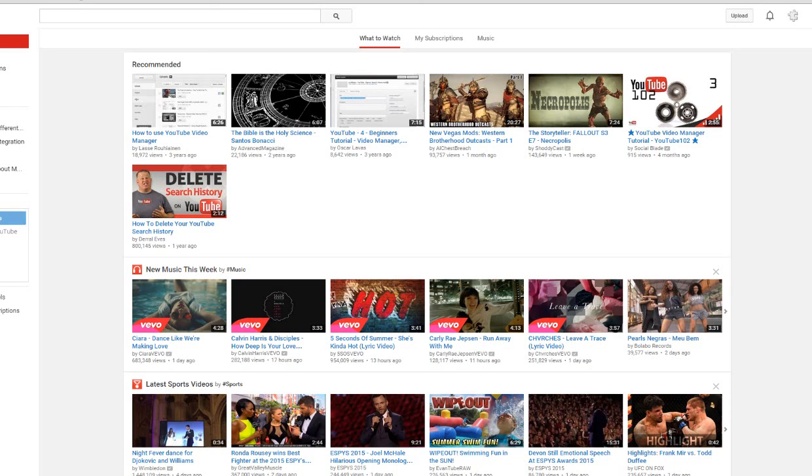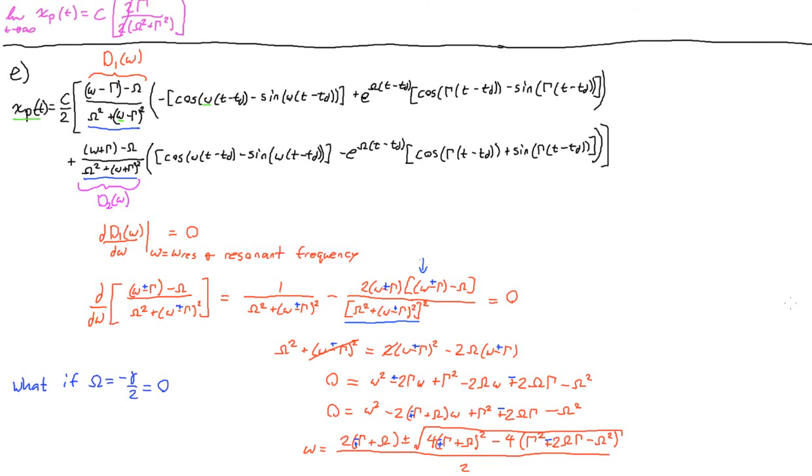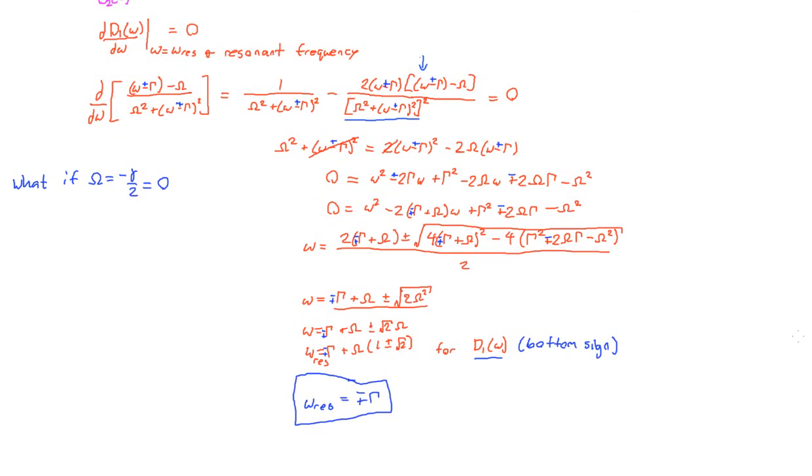And what would gamma be in this case? Sorry, I showed you my YouTube page there. So what would gamma be in this case? Well, we'd have omega res equal to minus plus gamma. Gamma was just omega naught squared minus little gamma over 2, but little gamma over 2 is 0.